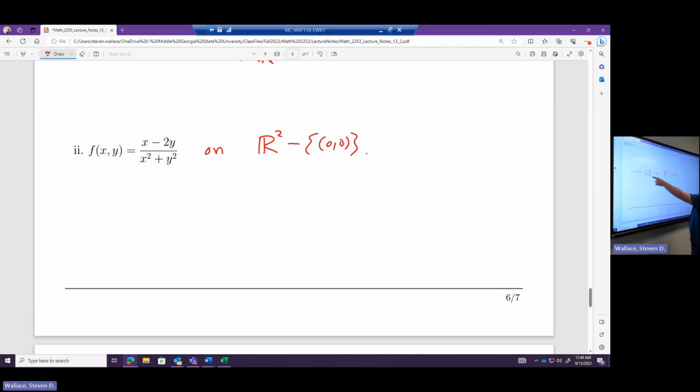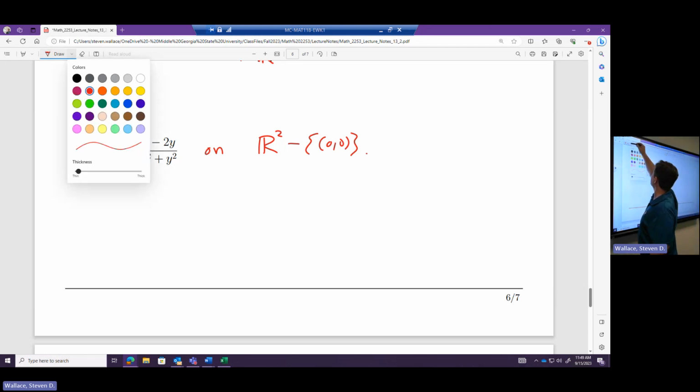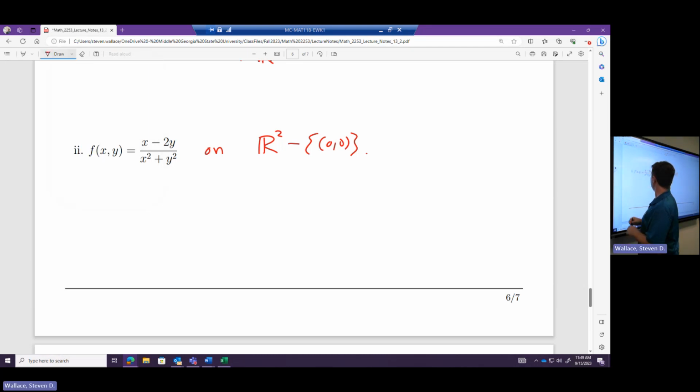That's because that's the only place where the denominator is equal to 0, right? Because x squared plus y squared can only be equal to 0 when both x and y are 0. And so that quotient rule above would only apply there. That's the punctured plane. That's what it's called.